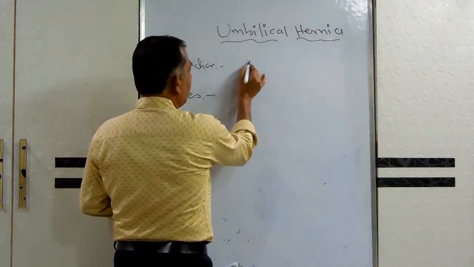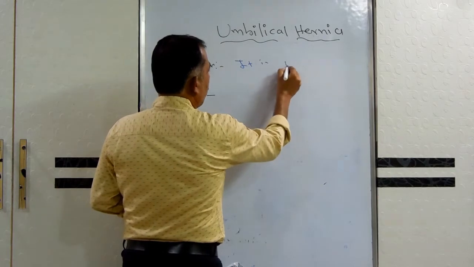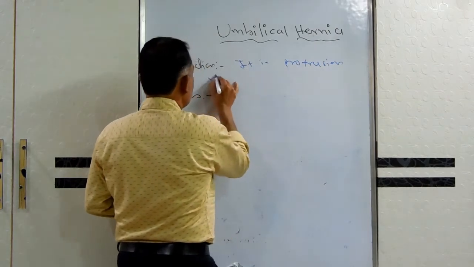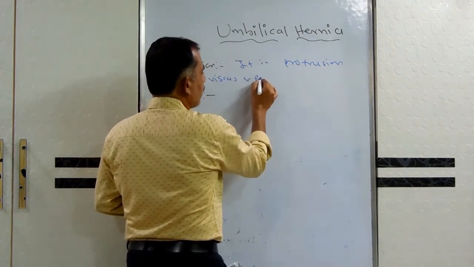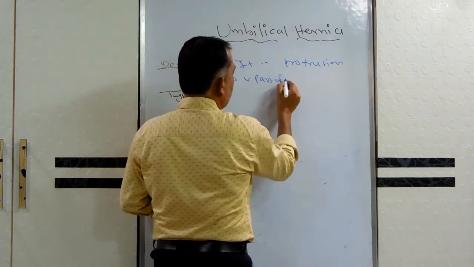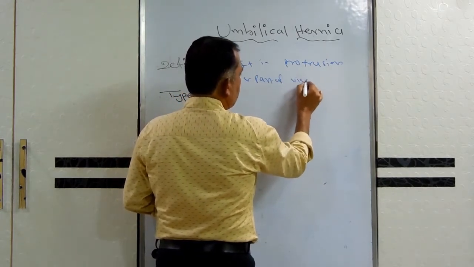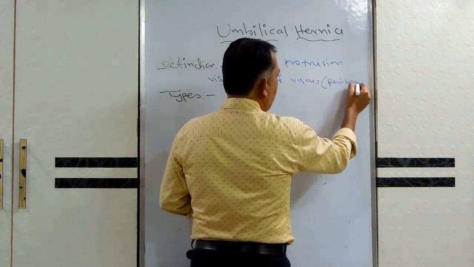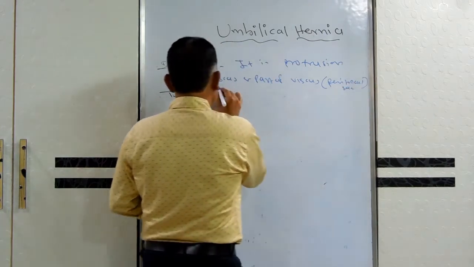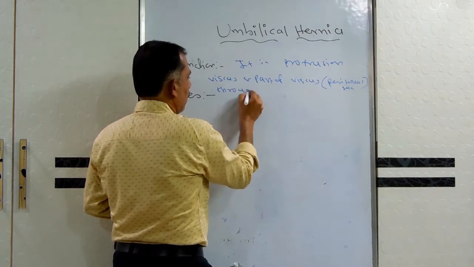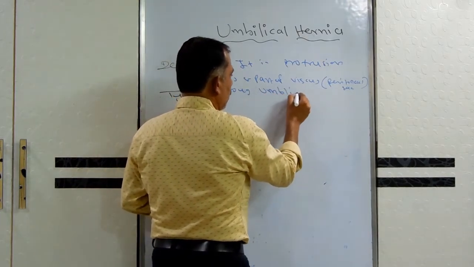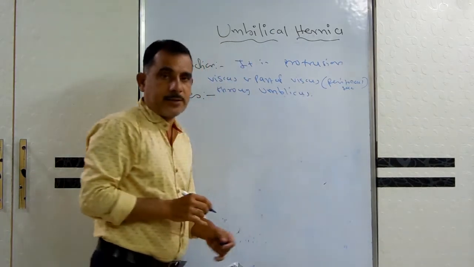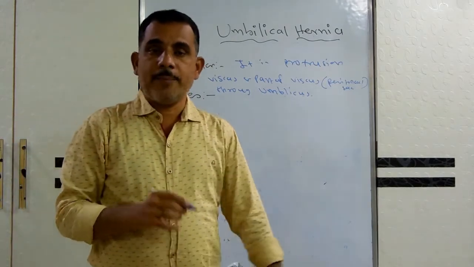By definition, the umbilical hernia is a protrusion of viscus, or part of viscus, or you can say peritoneal sac, through the umbilicus.